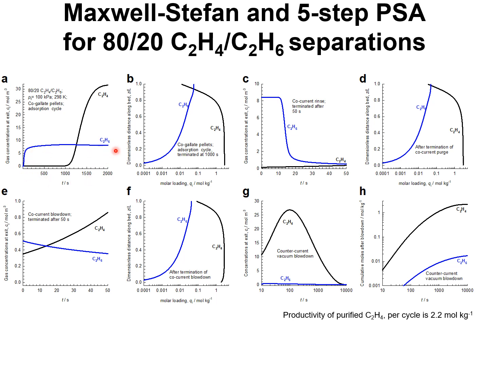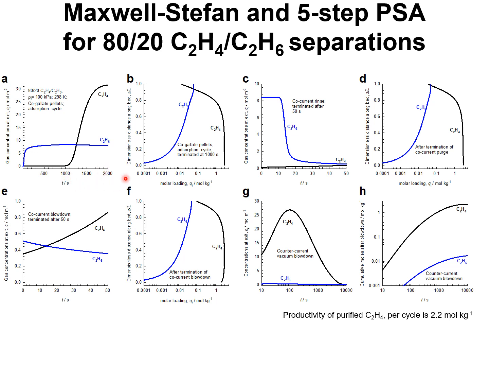The concentrations leaving the fixed bed adsorber in the adsorption cycle are shown here, where this is ethene, the blue one is ethane. So the adsorption cycle would be terminated at, say, a time of 1000 seconds.